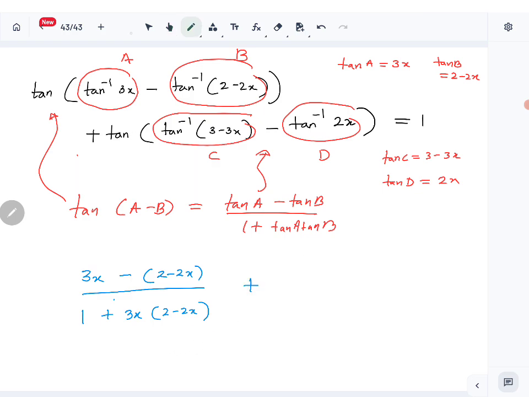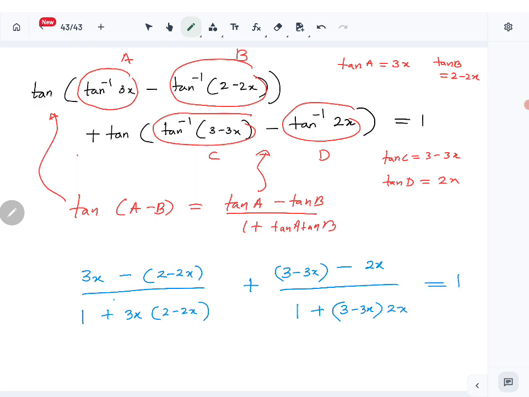Same thing for the second one. Now 3 minus 3x minus 2x over 1 plus 3 minus 3x into 2x. This whole thing is equal to 1.